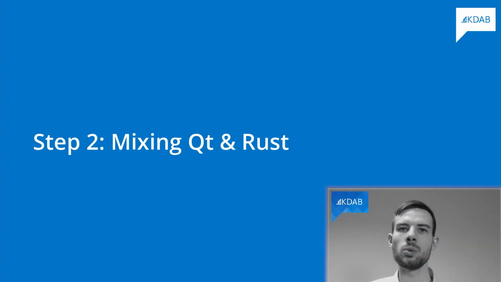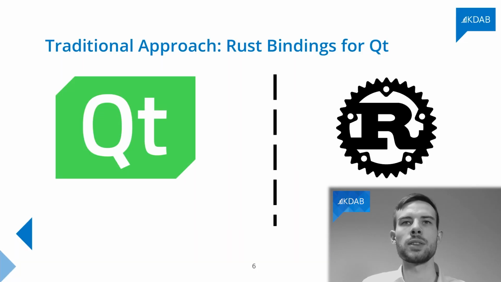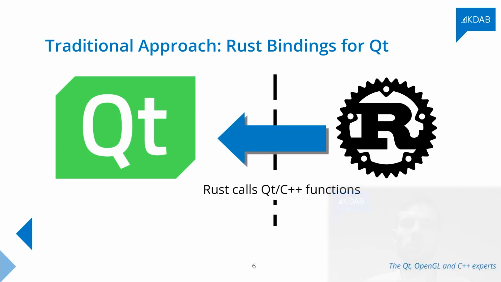So now that we know that we want to use Rust, and we also know where to use it, how do you actually get to mixing Qt and Rust? Well, there are basically 2 approaches that are typically used. The traditional approach that most libraries tend to take at this point is to just create bindings for the several Qt functions to be available in Rust. So Rust basically directly calls right through the language barrier into Qt and C++ code and functions.